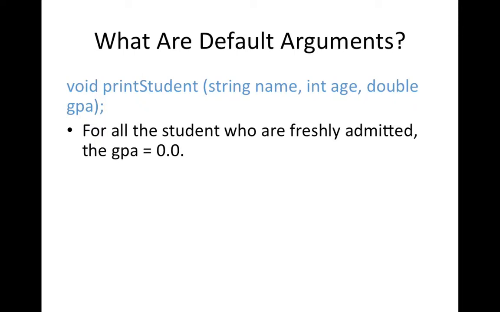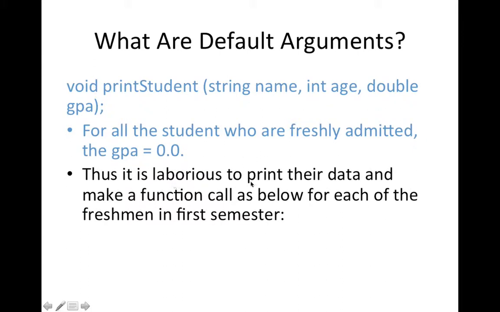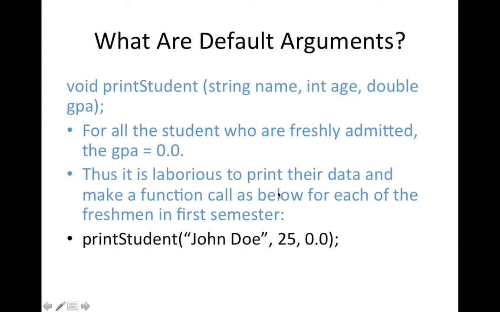Thus, it is laborious to print their data and make a function call as below for each of the freshmen in the first semester. See, the 0.0 will be passed for all the freshmen, as many calls as we have to make.